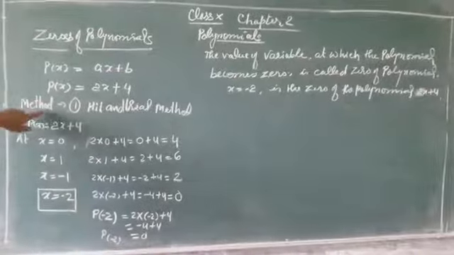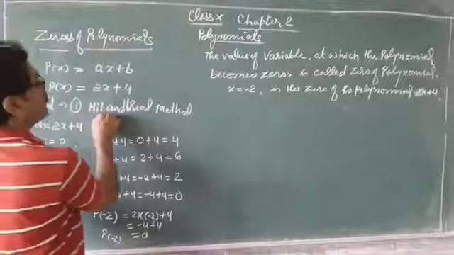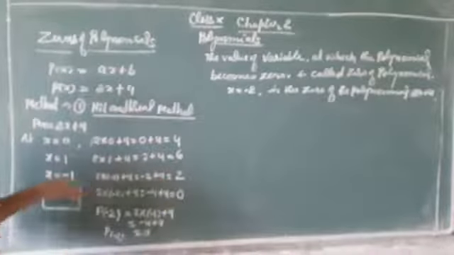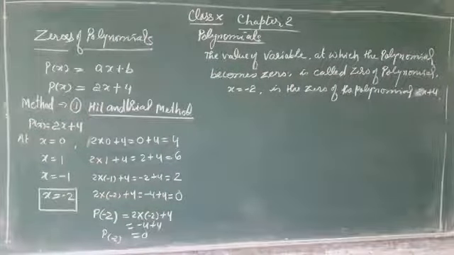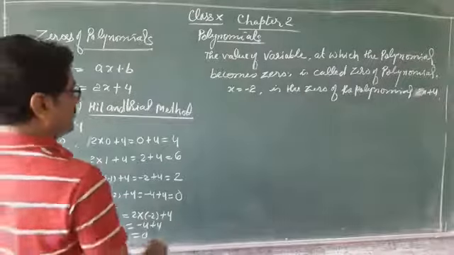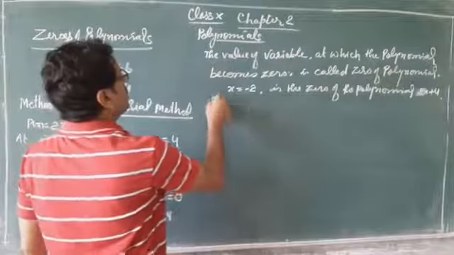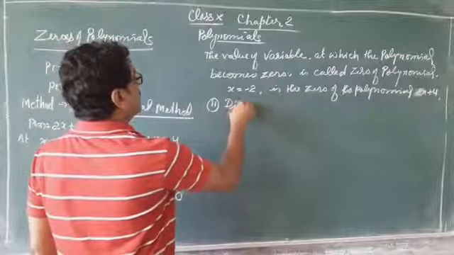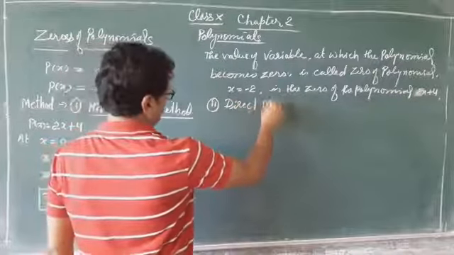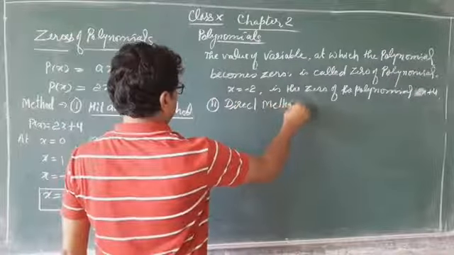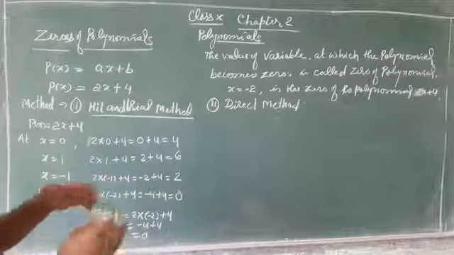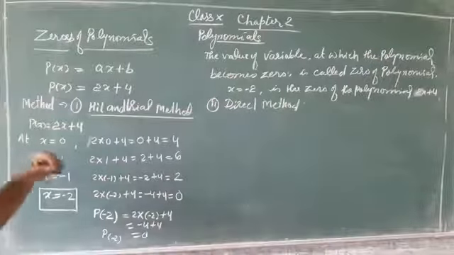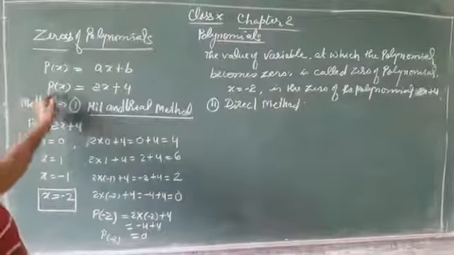So this is one method, which is called the hit and trial method, which is a lengthy and time-taking method. So there is another method, which is called the direct method. In this method we have to find the value of the variable at which the function becomes zero.